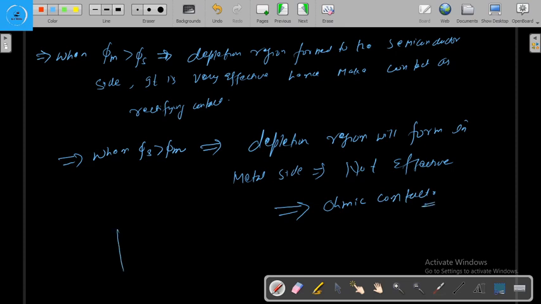In the ohmic contact, when we apply the voltage here, we get the voltage like this.